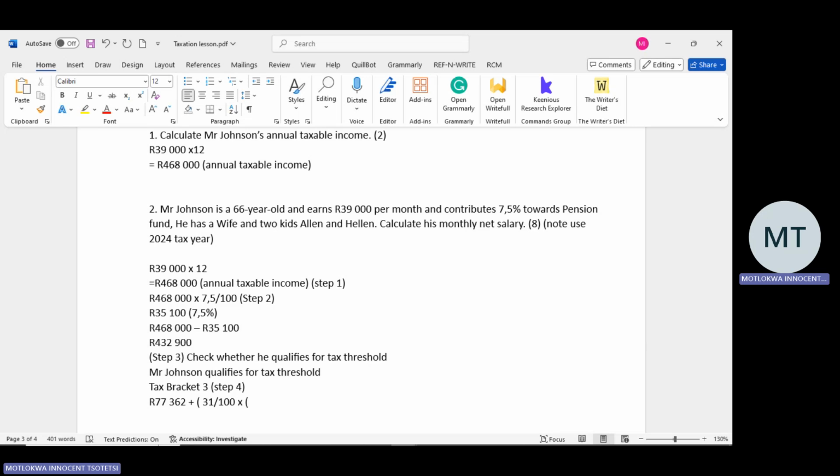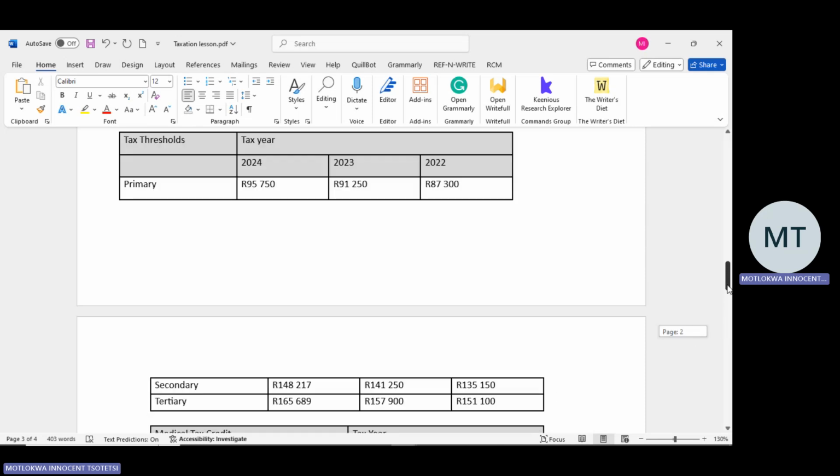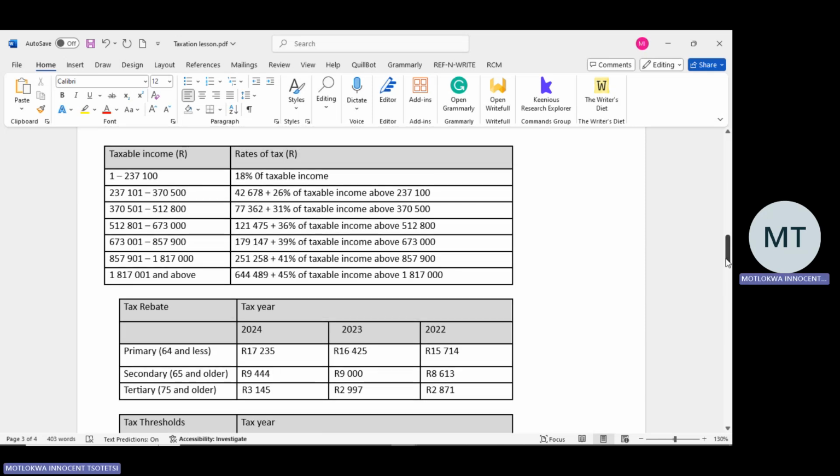Then we take that amount of 432,900. So we say 432,900 minus. We check the information there on tax bracket number 3. We have used the 77,362, and we have also used the percentage of 31%.